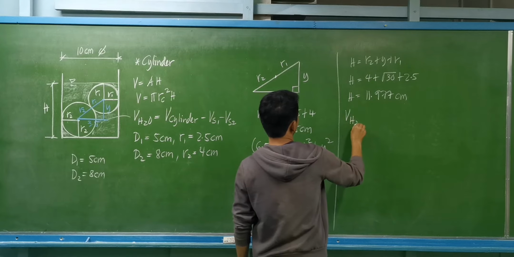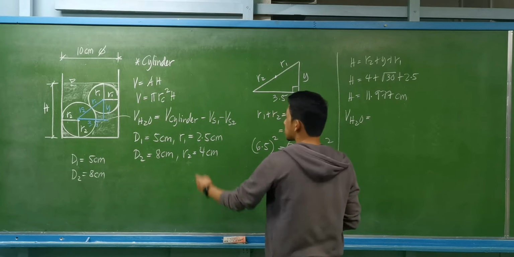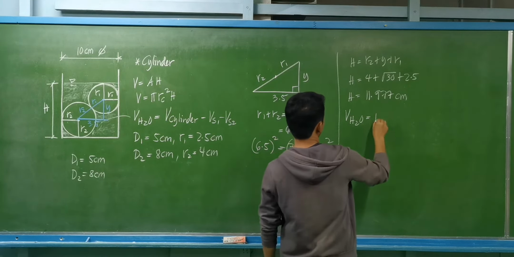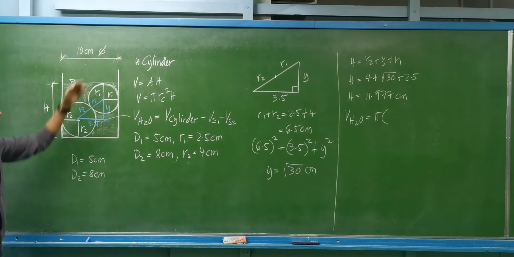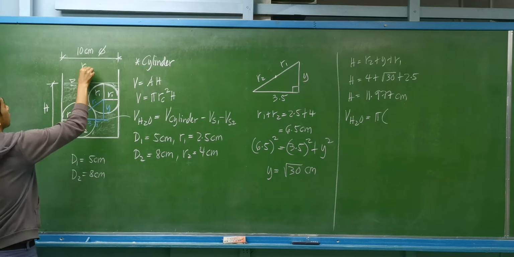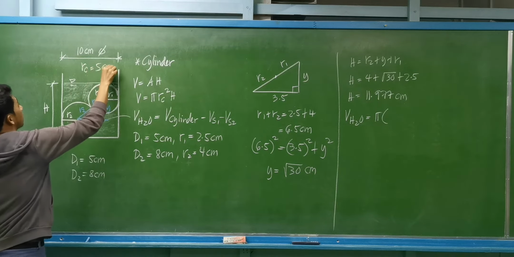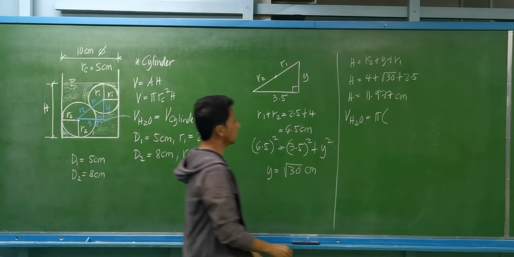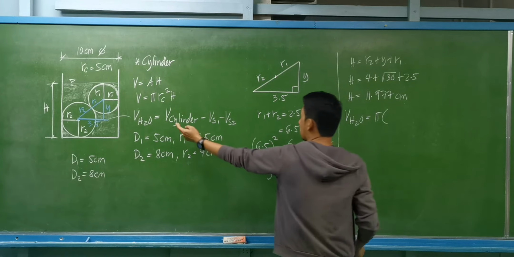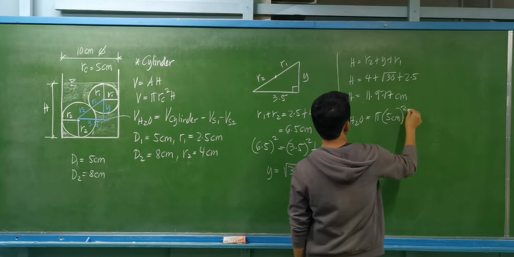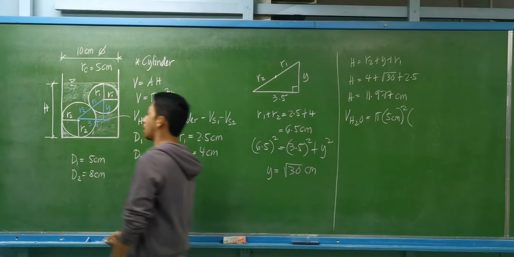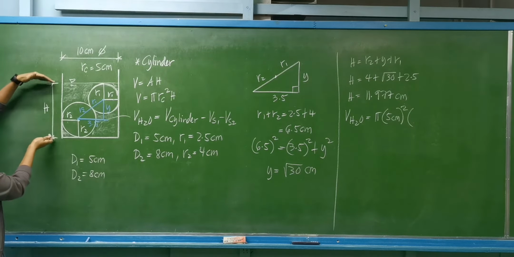So again, how do we compute for the volume of the water? The volume of water is equal to, what is the volume of the cylinder? That is pi. What is the radius of the cylinder? If it has a diameter of 10 centimeters, the radius of the cylinder is 5 cm. That is, the volume of the cylinder is pi times 5 centimeters squared times the height to which we are going to build water.